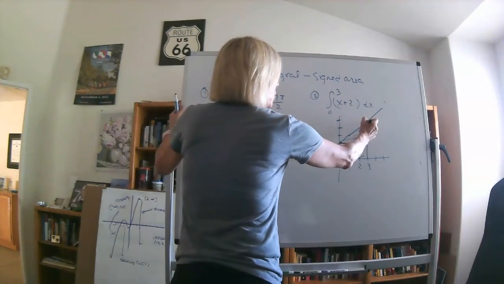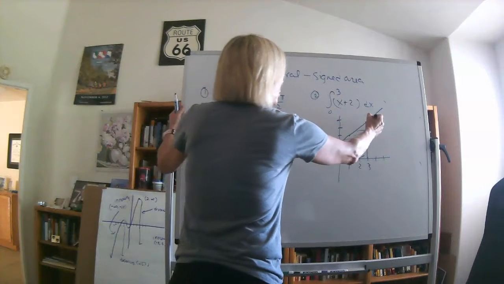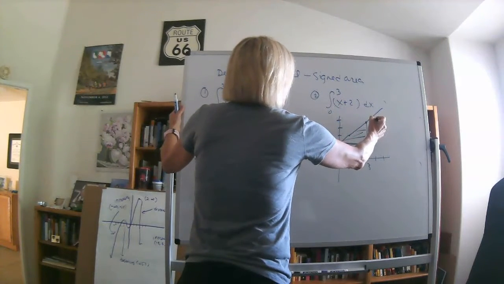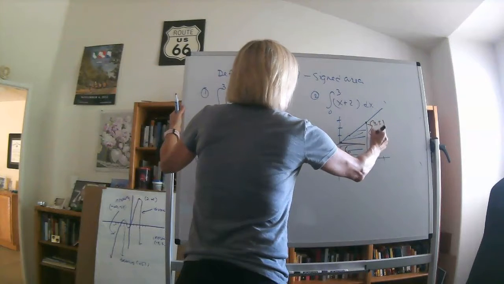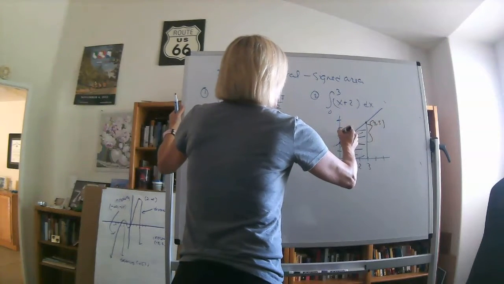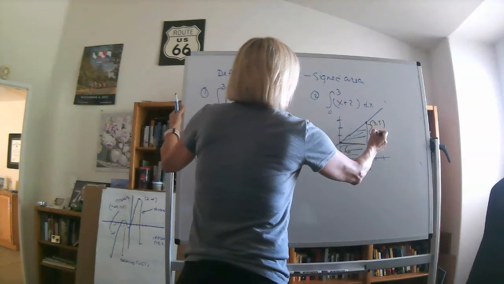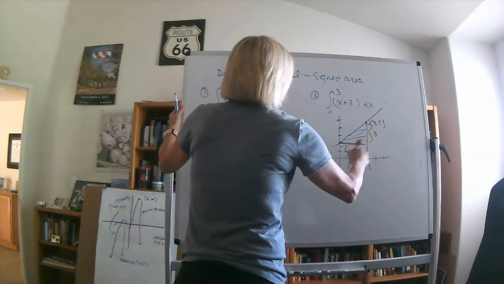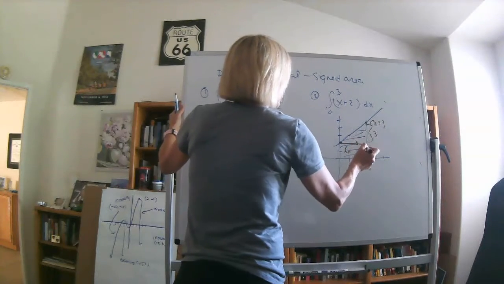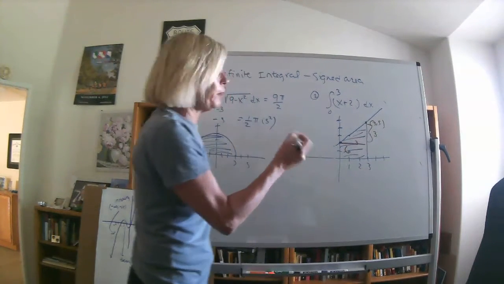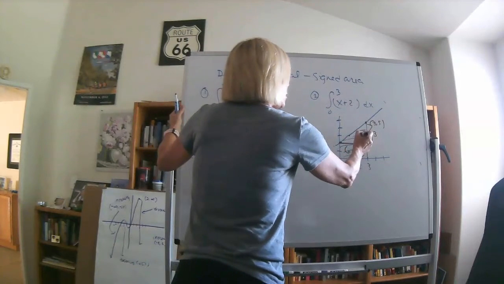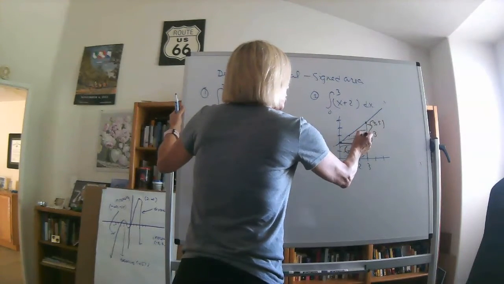The area at this point here, if I substitute in 3, is 3, 5. So this distance is 3. This distance is 3. So the area of the triangle is 1/2 base times height. So 9 over 2.